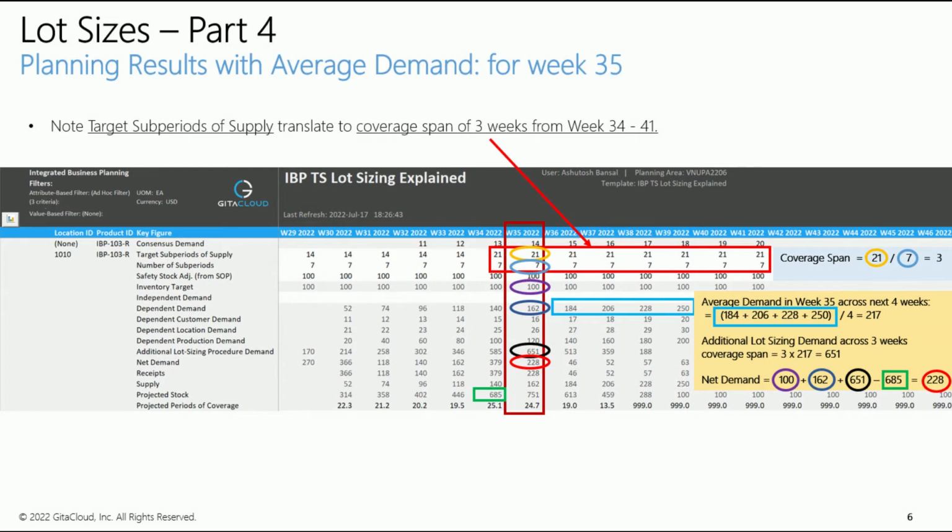Additional lot sizing procedure demand is now based on a coverage span of 3 weeks, hence 3 times the average demand of 217, gives us a value of 651 units. Net demand is calculated as before. We add inventory target of 100, to the dependent demand of 162, and the additional lot sizing demand of 651. We then subtract 685 units of projected stock from week 34, to arrive at the net demand of 228 units.